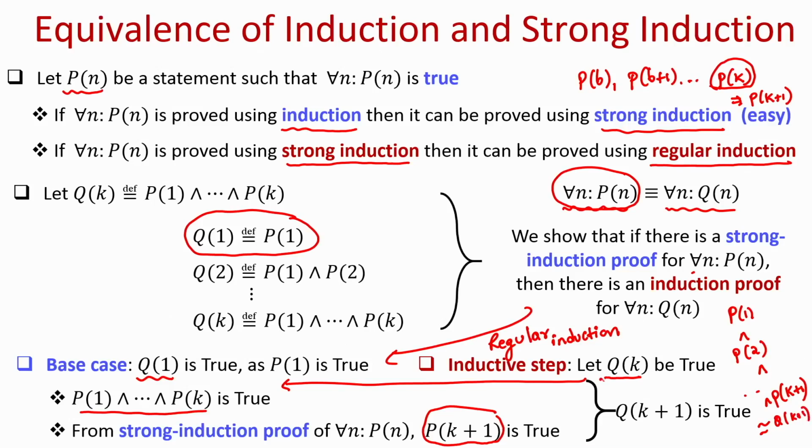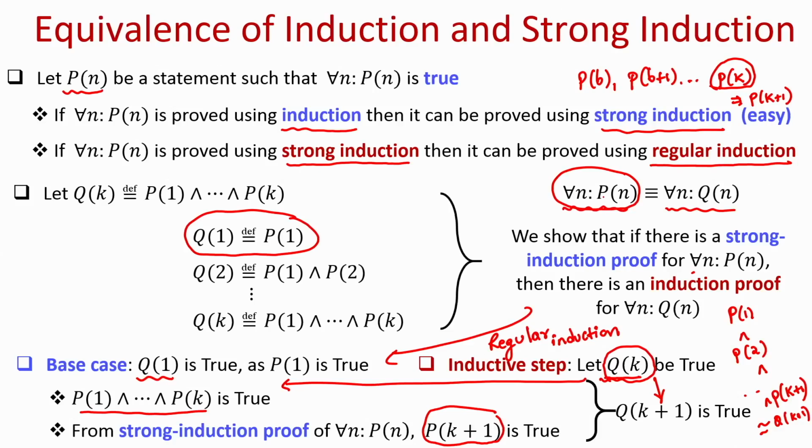So, that means starting with the hypothesis that q of k is true, I established the truth of proposition q of k plus 1, and that means I have given a regular induction proof for proving the universal quantification involving the predicate q. Internally, while proving this implication, I use the fact that I have already a strong induction proof for the universal quantification involving the predicate p.